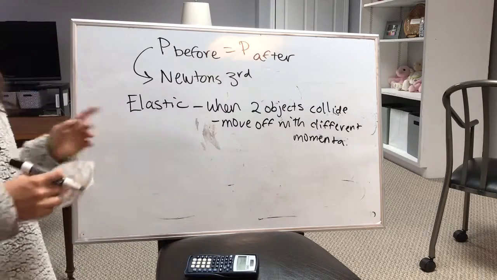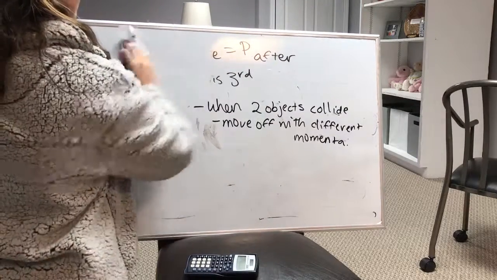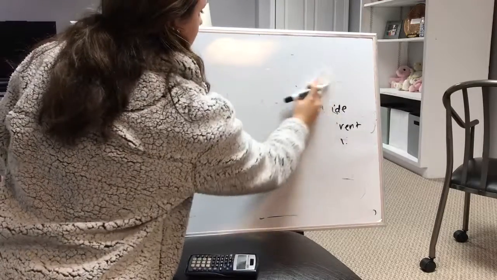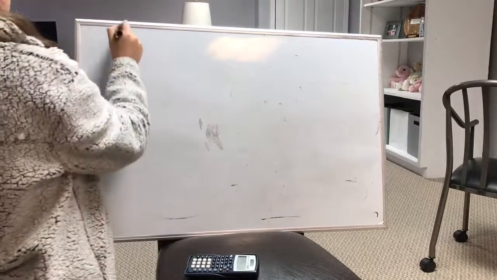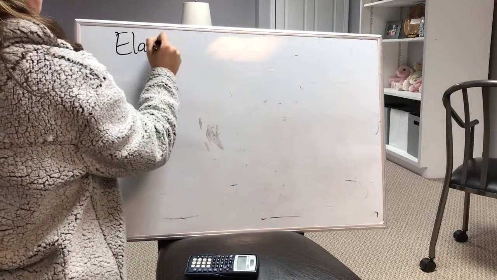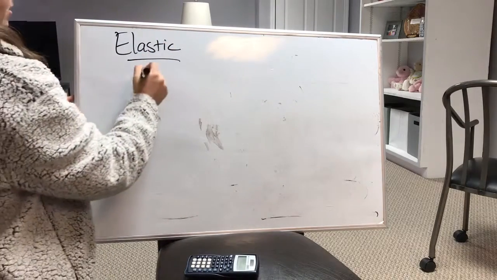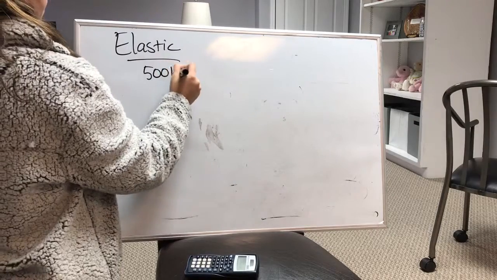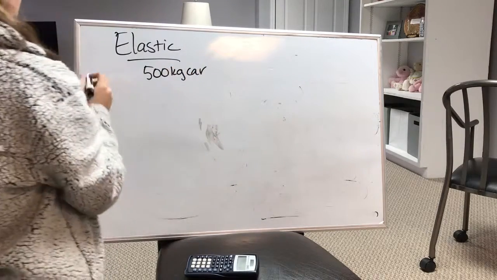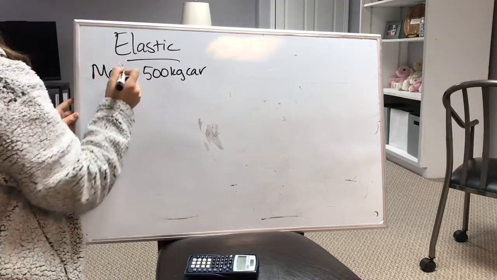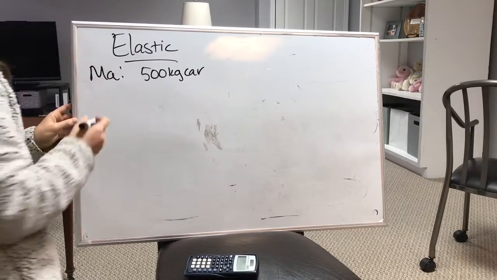So, let's do an example of an elastic collision. Say we have a 500 kilogram car. We're going to label this mass of A, traveling 12 meters per second.